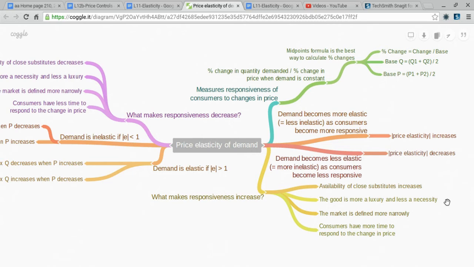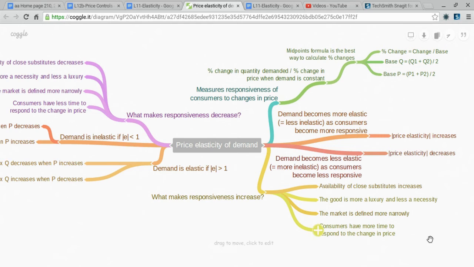As the good is more a luxury and less a necessity, the demand becomes more elastic. As the market is defined more narrowly, the demand becomes more elastic. For example, the demand for Coca-Cola is more elastic than the demand for soft drinks.